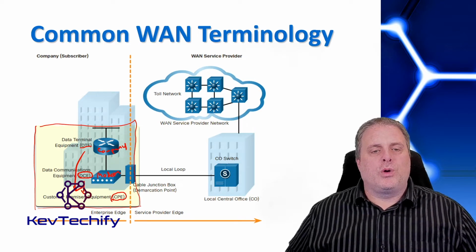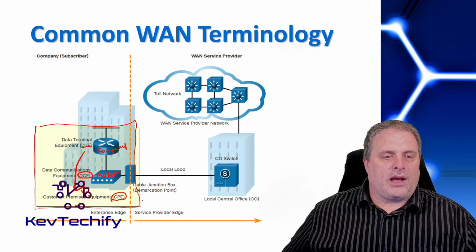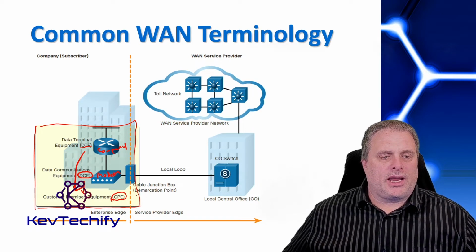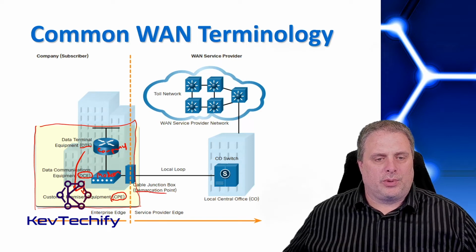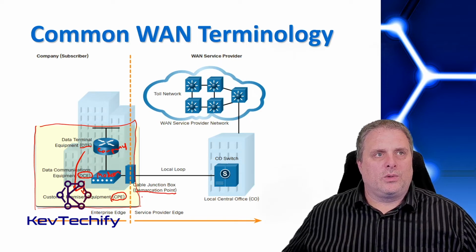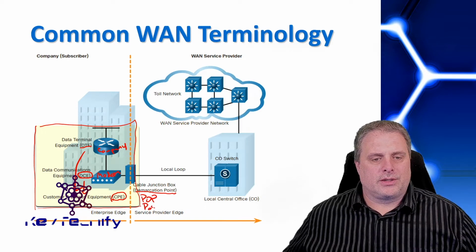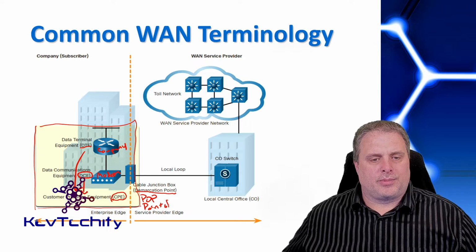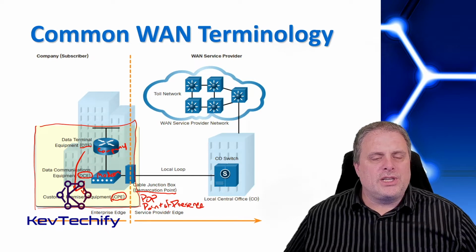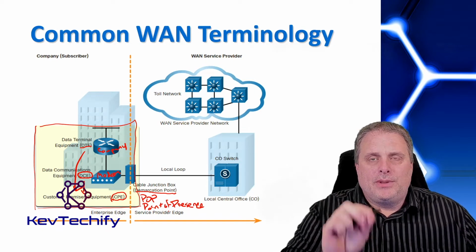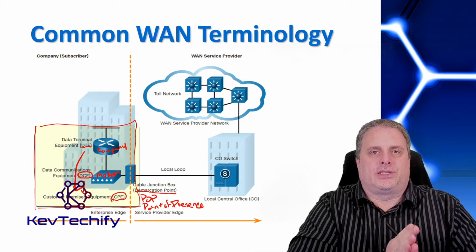Then we have two more terms coming up. Right now we have the demarcation point, or point of demarcation, depending upon how you do it, and then another one called the POP, or point of presence. Most of the time, the POP, the point of presence, and the demarcation point are the same places.